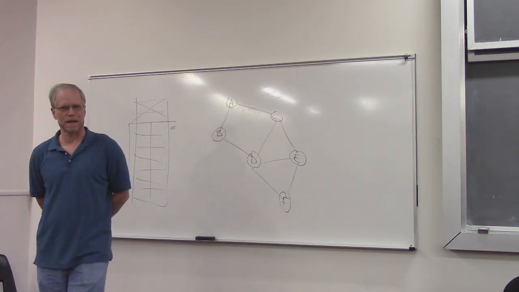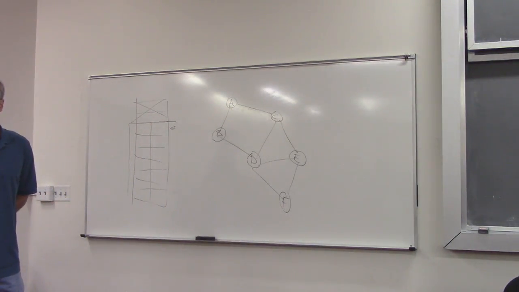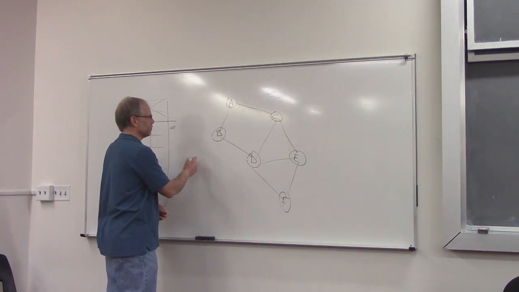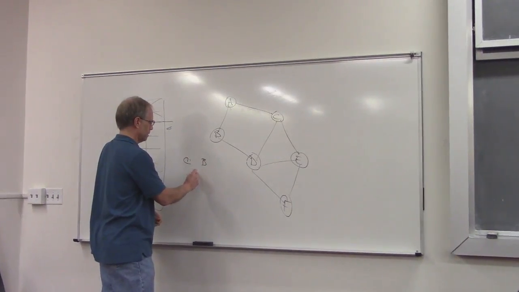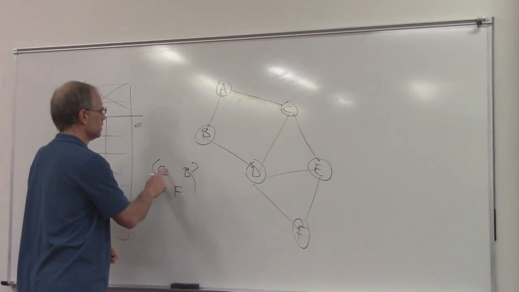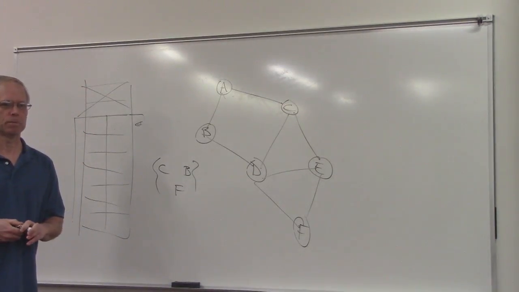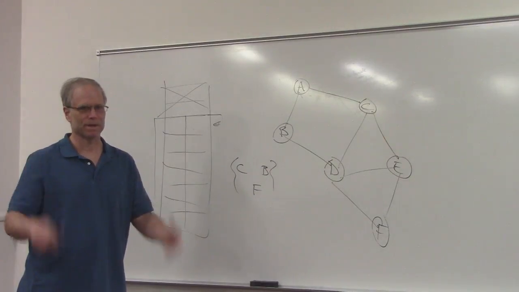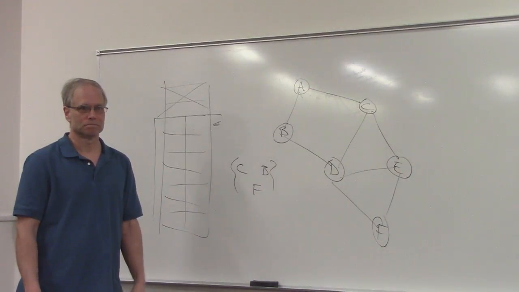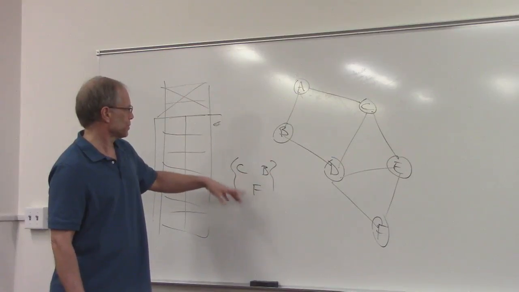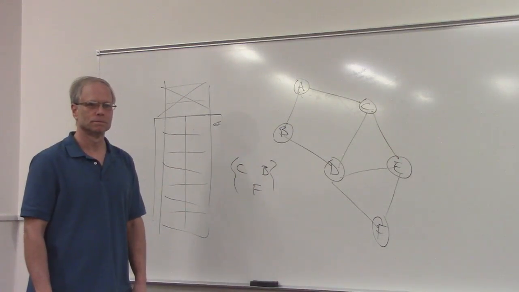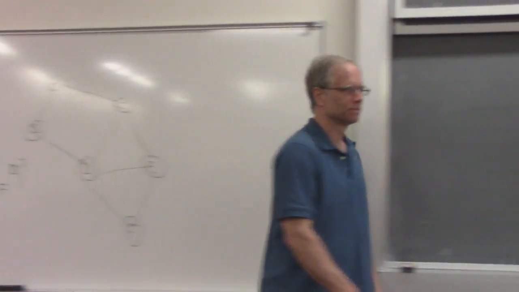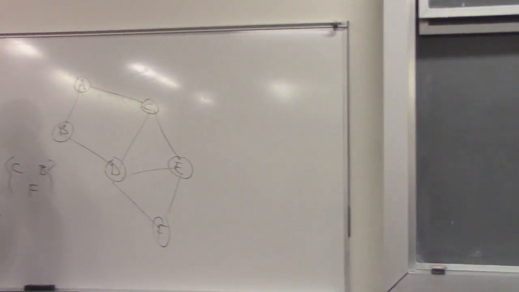Is that easy to verify? Suppose n was 3 and someone gave you back the set B, C, F. Could you verify that that was actually an independent set of size at least 3? Yeah, you just make sure these are all vertices, there are no edges between any pair, and that there are 3 of them. So that's a search problem. The search variant is a search problem.